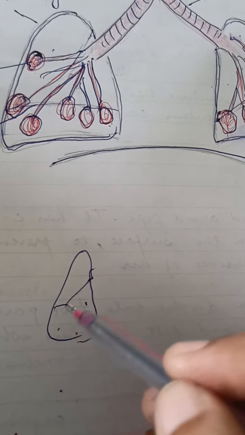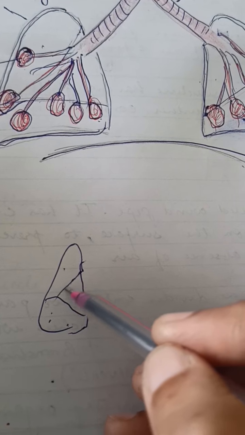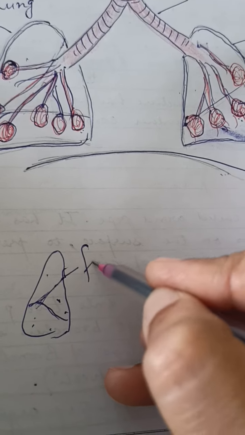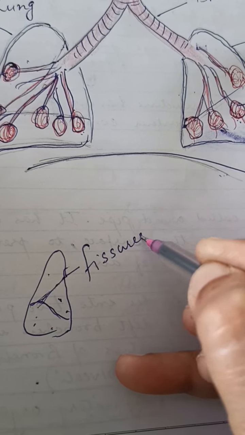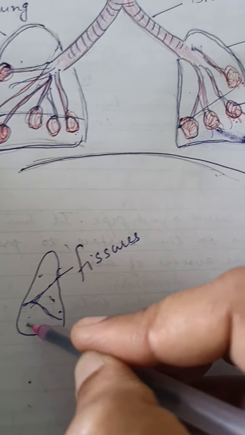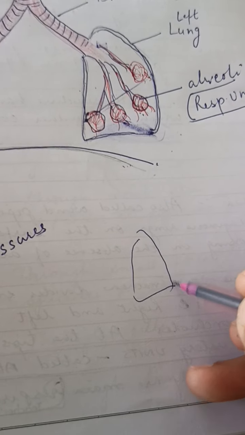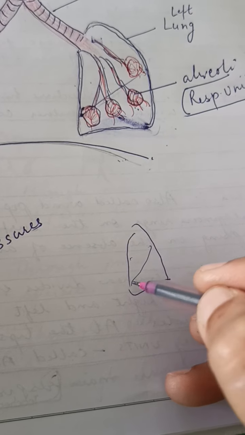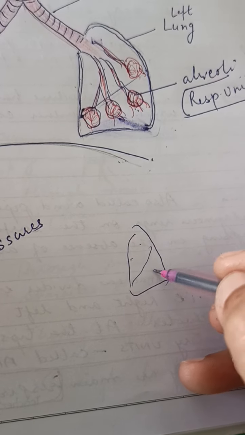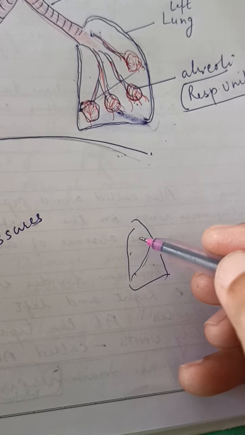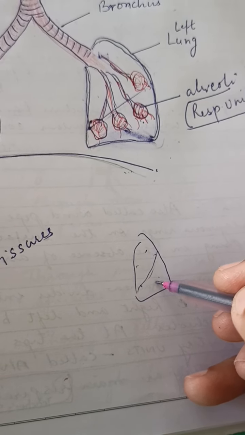These are the lobes of the lungs, 1, 2 and 3, and these two lines, or we can also say fissures, divide the lung into 3 regions. Similarly, the left lung is divided into 2 parts only, 1 and 2, means there is a single line which divides it into 2 lobes, upper lobe and lower lobe.